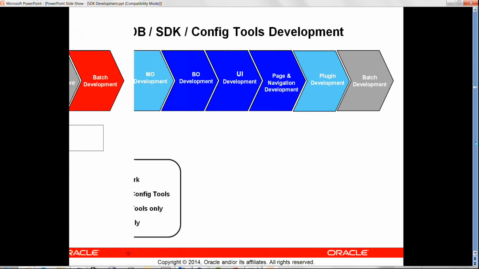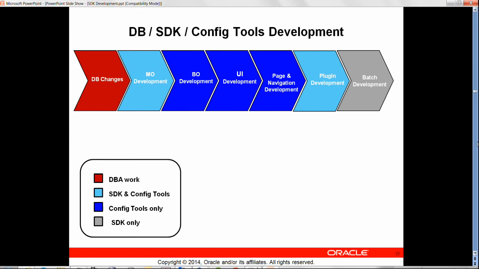So if we had to summarize what different tools are needed across the whole process here, at the beginning, if you're going to create your own new persistent data, then DBA work is needed, but that's relatively trivial.